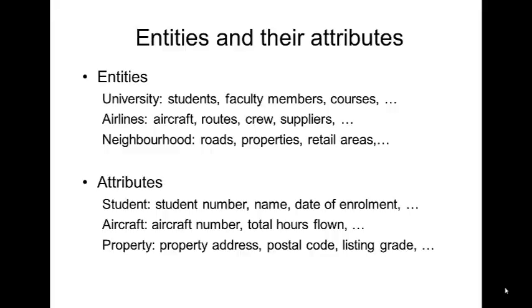It's important to note that real-world entities should, wherever possible, map one-to-one onto the entities within the computer at a reasonably low level. So, for example, faculty members are entities in a university model. But you might think, well, admin staff do different things to teaching staff, to catering staff, for example.